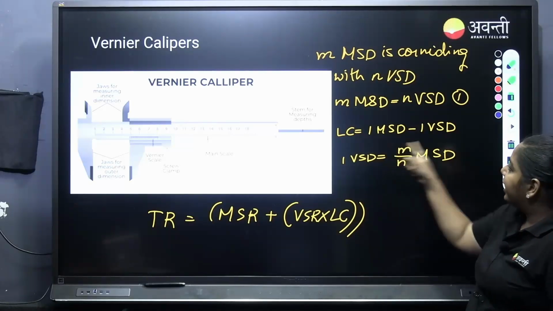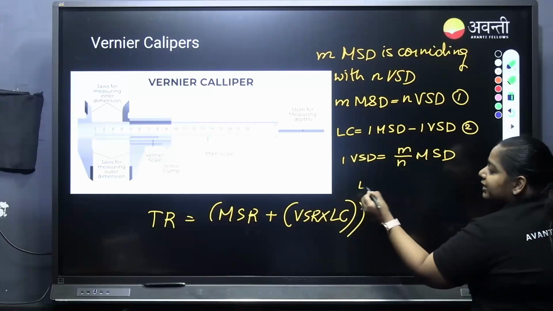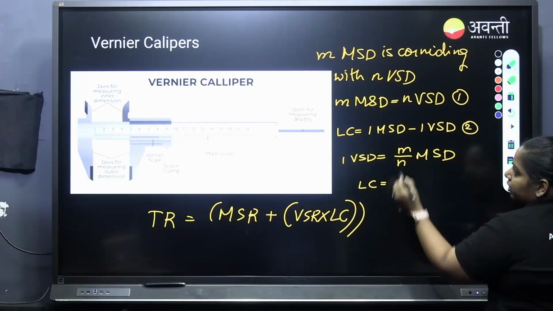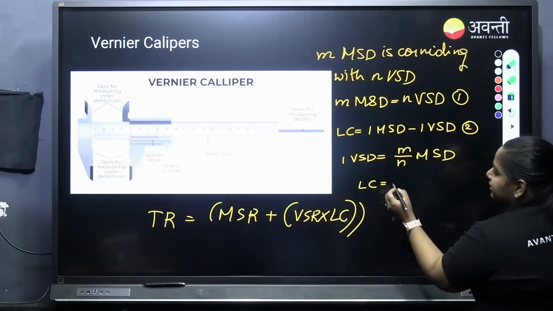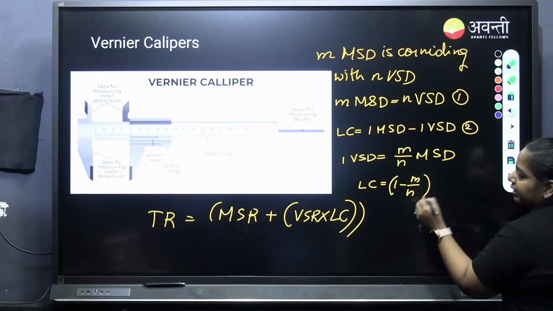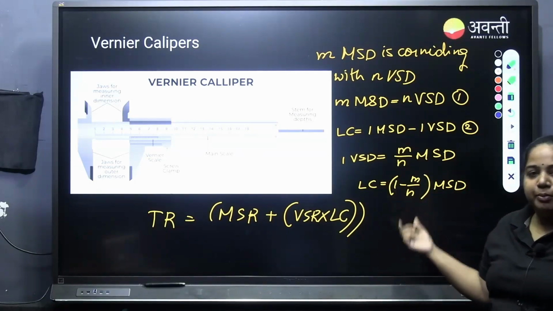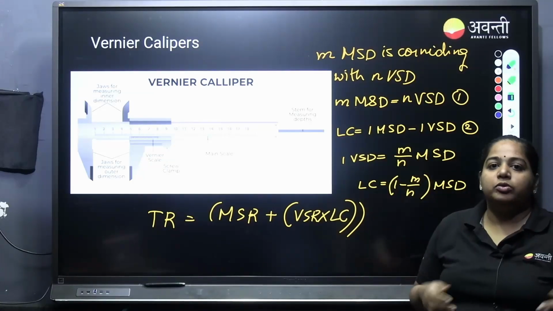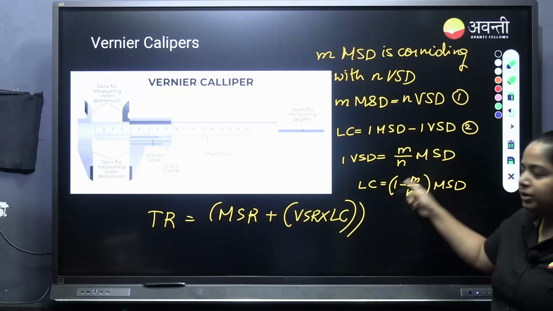Substituting that in equation 2, least count equals 1 MSD minus M by N MSD. Taking MSD common, I get 1 minus M by N times MSD. M and N will be numbers only, like 20 by 21 or 19 by 20.